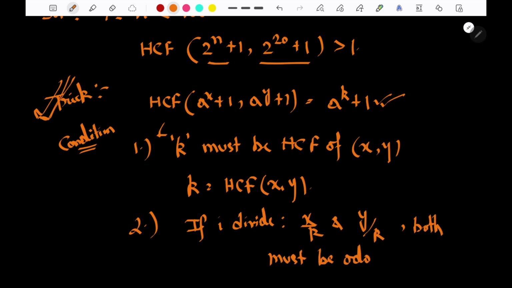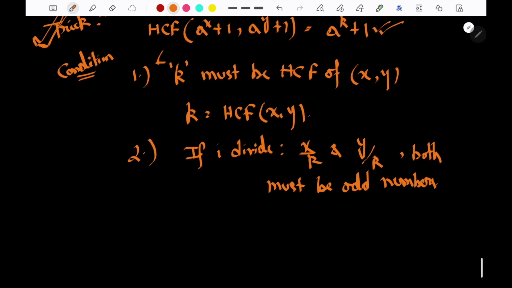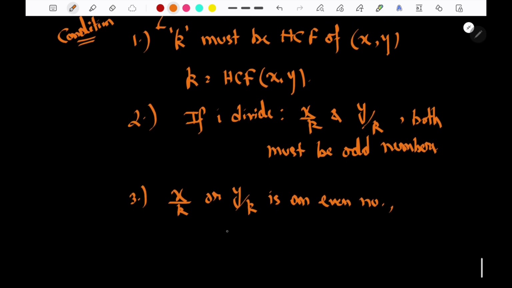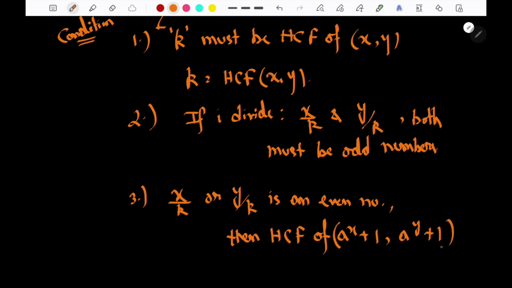Both must be odd numbers. Done. Now the third conclusion: if x by k and y by k is an even number, then HCF of a to the power x plus 1 and a to the power y plus 1 is equal to 1. Now this is always true.